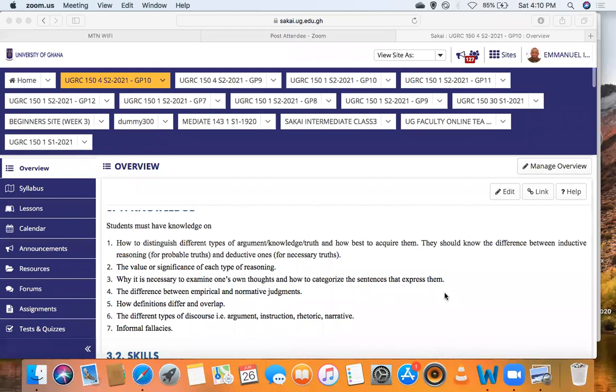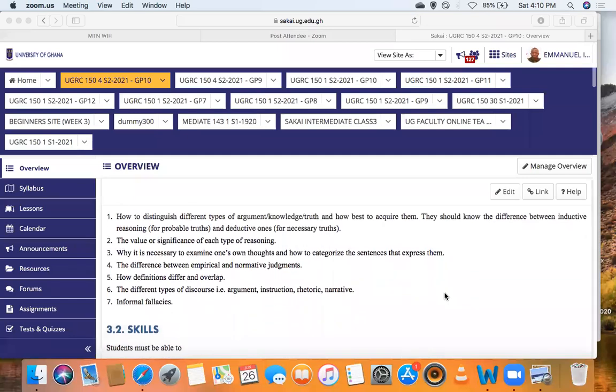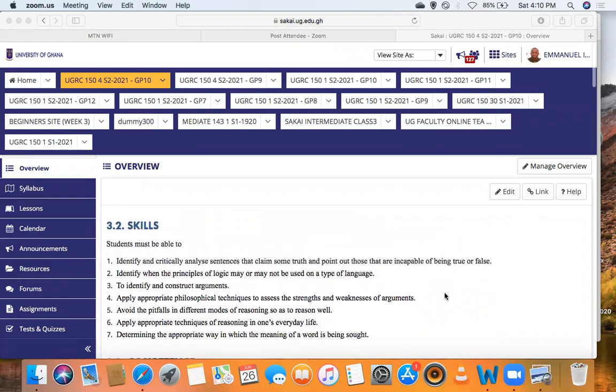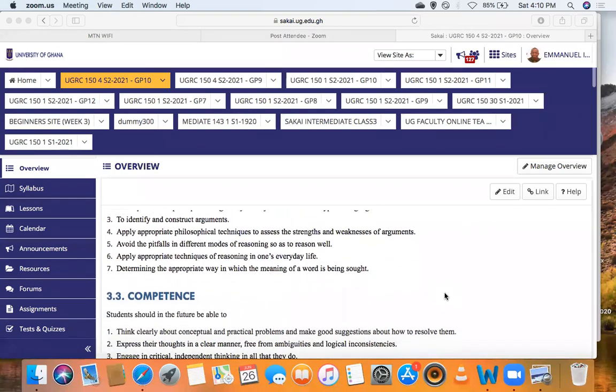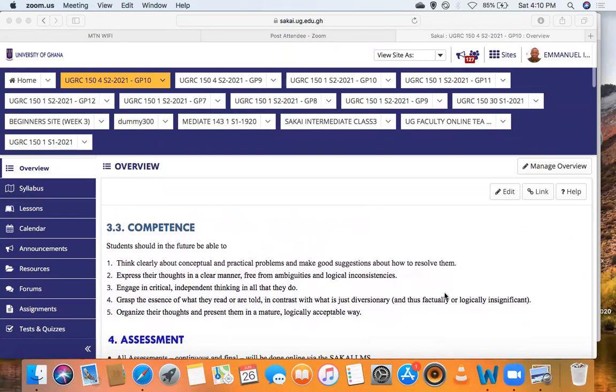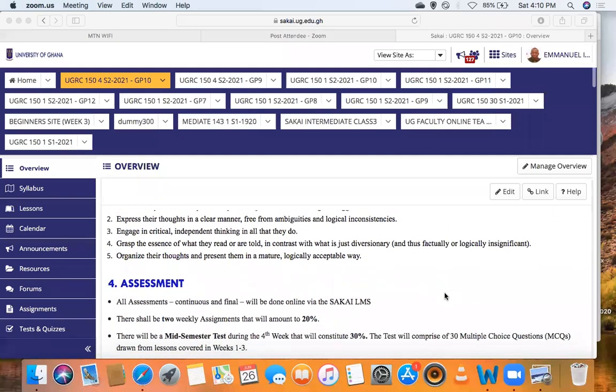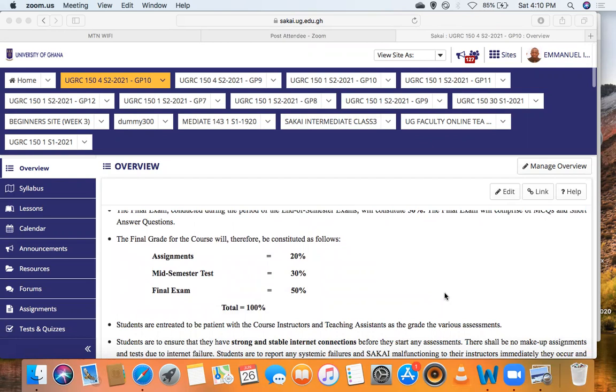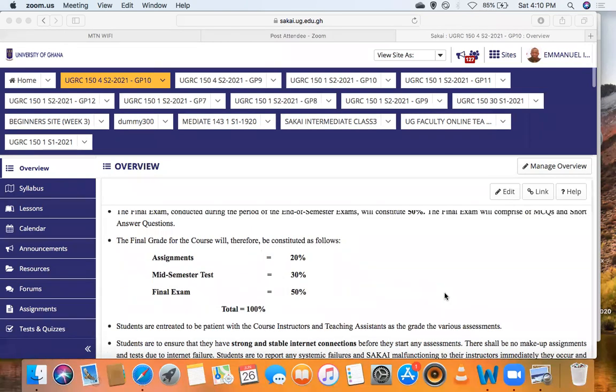Number 3, we would know why it is necessary to examine one's own thoughts and how to categorize the sentences that explain them. Number 4, we would know the difference between empirical and normative judgments and so on. So you can, at your convenient time, go through this course overview and then get the information that is important.